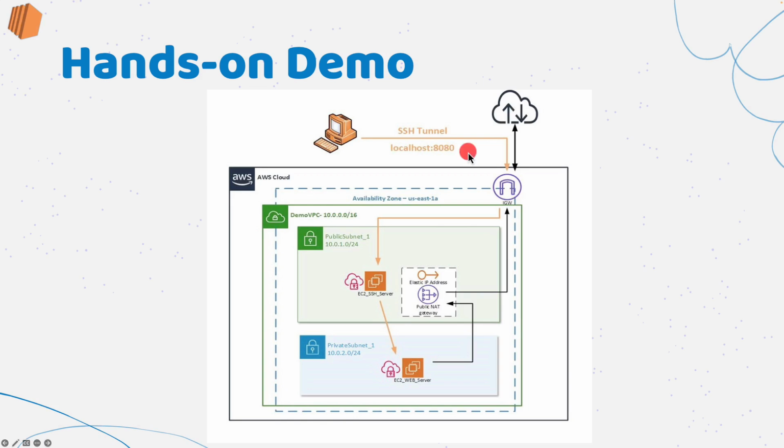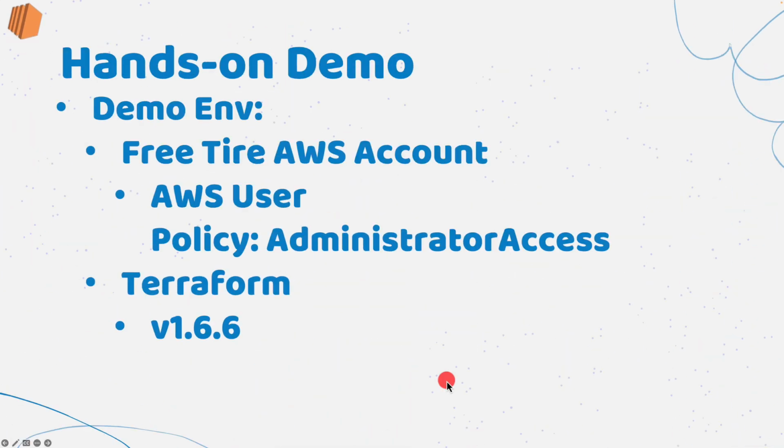Also, the SSH tunnel workflow is shown in the diagram. In our demo, a user initiates an SSH tunnel from their local machine to the EC2 SSH server in the public subnet. Through this tunnel, traffic from the user's machine is securely routed to the EC2 web server in the private subnet.